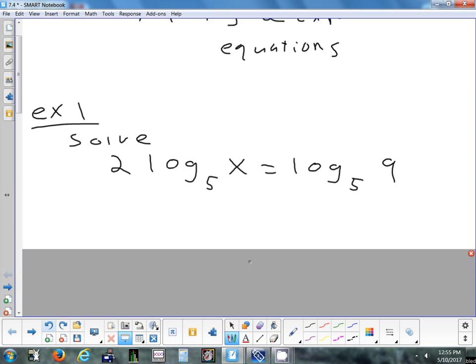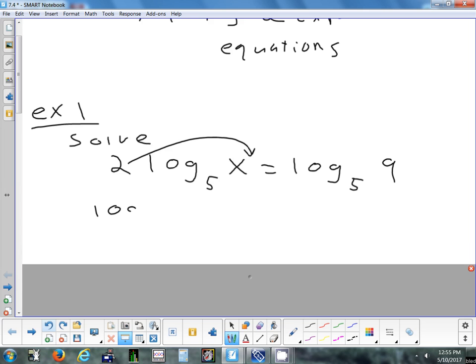Where can you move it to? As the exponent of the argument. Perfect. So that's the first thing I'm going to do. I'm going to put the number in front back as an exponent. So I have log base 5 of x squared equals log base 5 of 9.